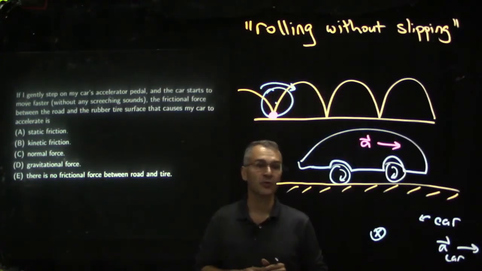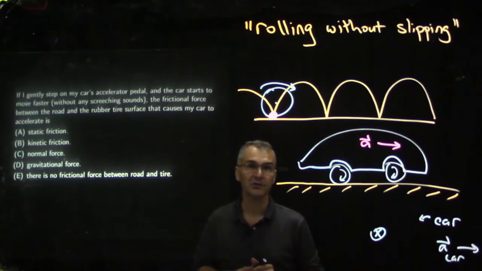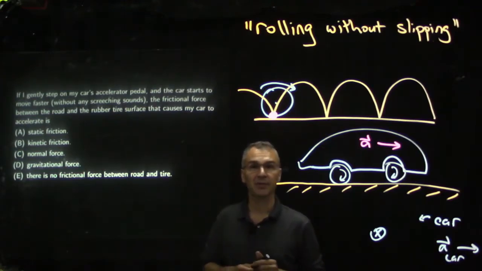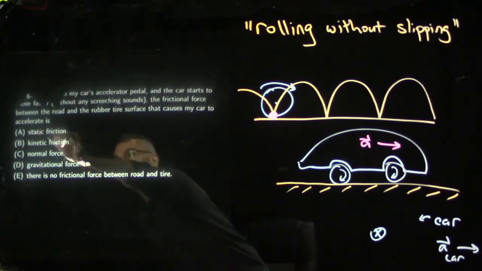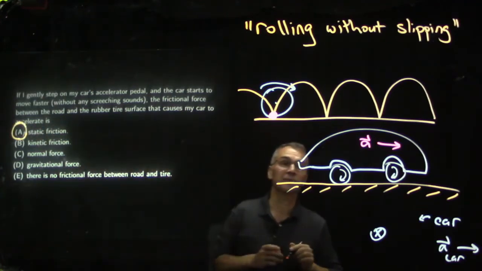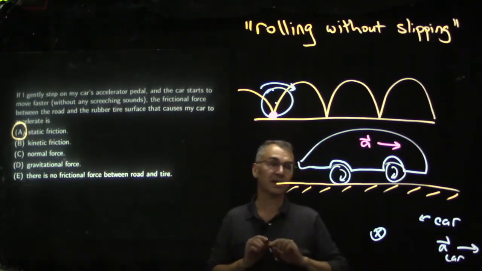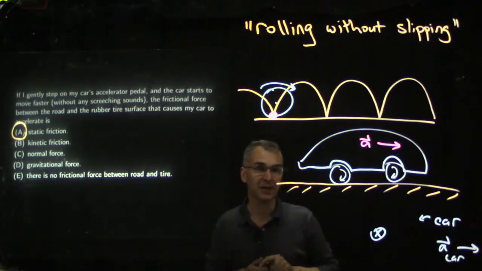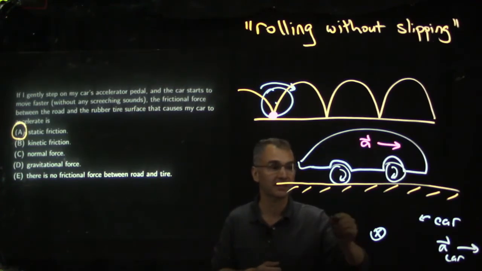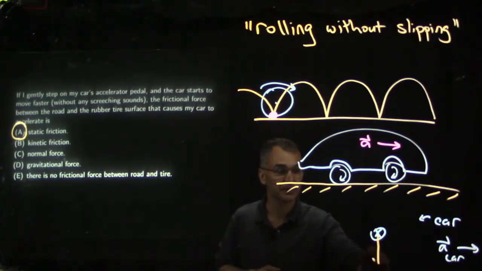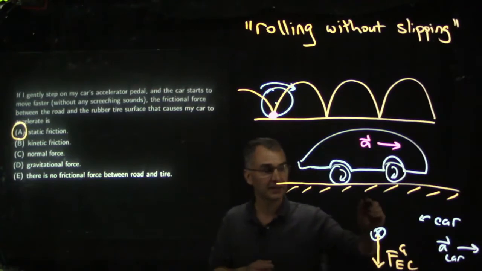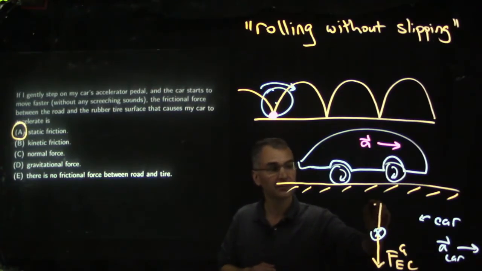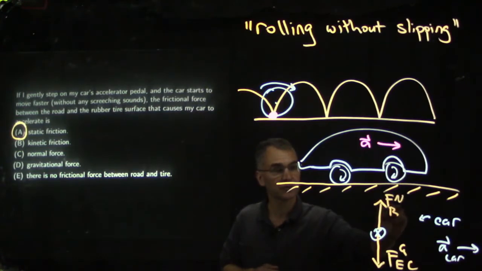So in fact, the force which is causing my car to speed up as I gently step on the accelerator pedal is static friction between the street and my car. If we draw a free body diagram for my car at that moment, there is a downward force of gravity exerted by Earth on my car, and then there is an upward normal force exerted by the road on my car.